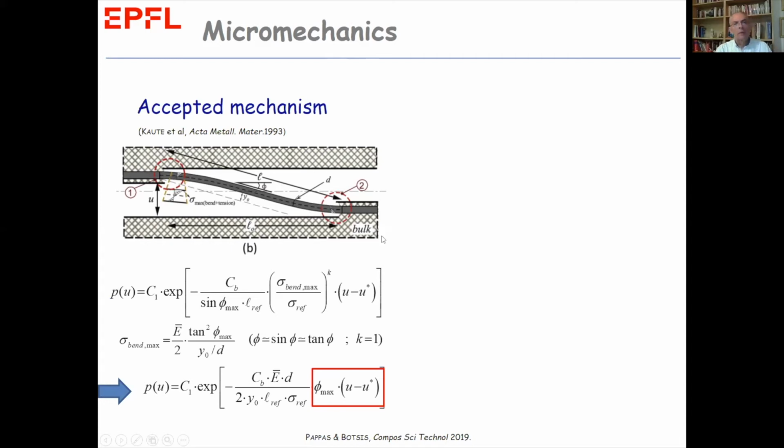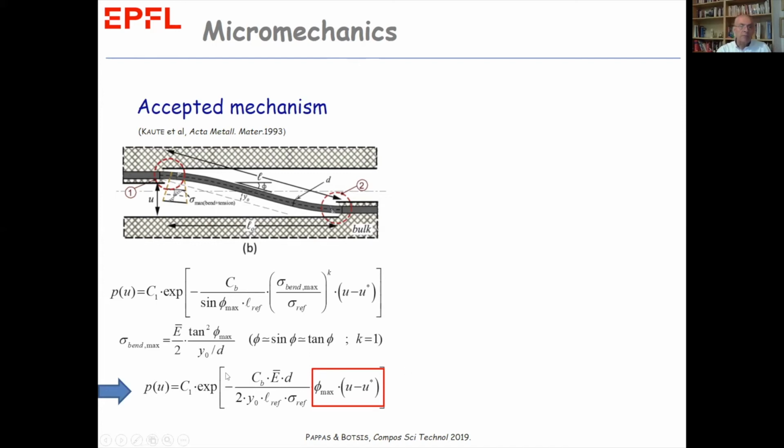This is how they modeled the bridging fibers. Here are the expressions obtained by that model. Again, this is the bridging pressure as a function of the angle phi here. Phi, again, is the angle between the bundle and the crack face, the moduli, etc. And K here is a weighable parameter.